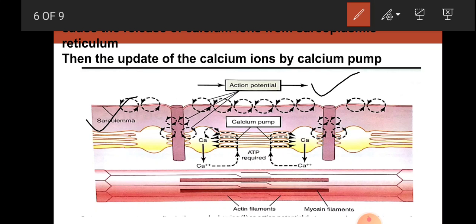This is the action potential, and this one is the calcium pump. ATP is required, these are the calcium ions, and this one is the actin filament and myosin filaments. The thin one is the actin filament and the thick one is the myosin filament.